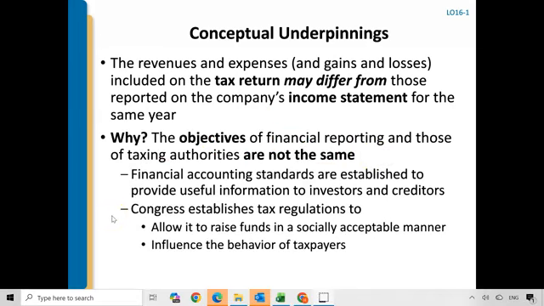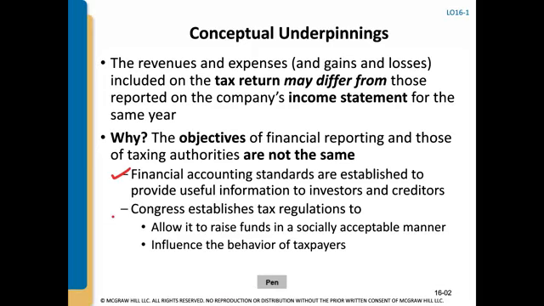So why do we have these differences between financial reporting and taxes? Well, the financial accounting standards were established in order to provide useful information to investors and creditors, to the users of the financial statements.